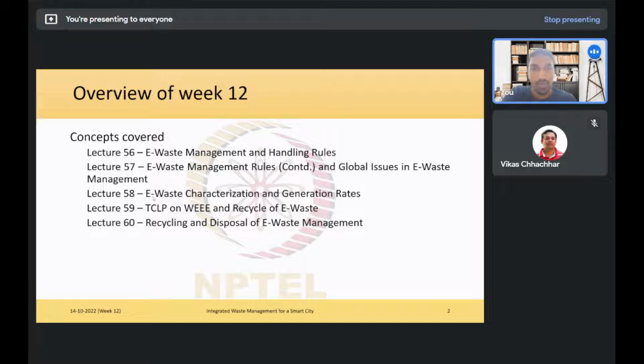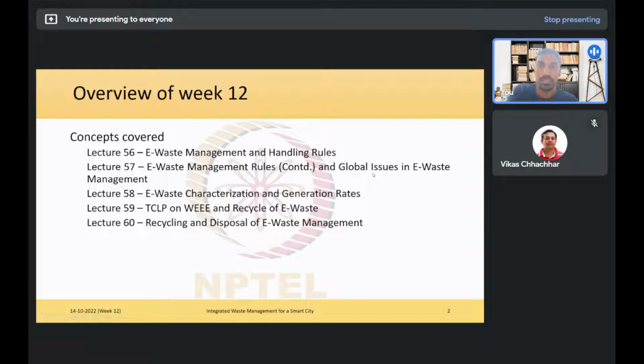The different options for disposal are landfilling and waste to energy or incineration plants, and we looked at the issues associated with those processes. That concluded the last lecture.